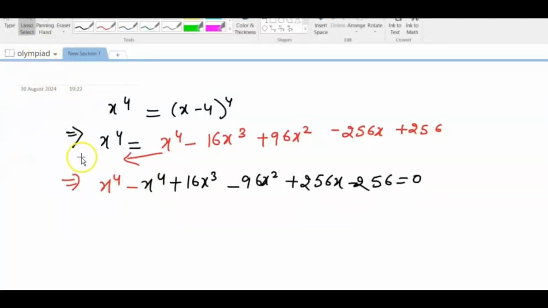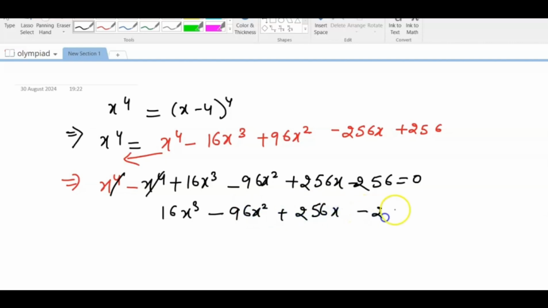So these two will cancel each other and we'll get 16x cube minus 96x square plus 256x minus 256 is equal to 0. So let's divide this whole equation by 16.